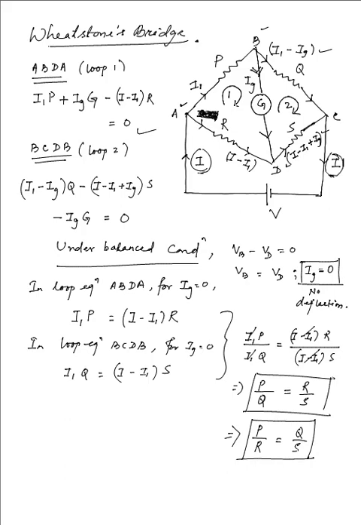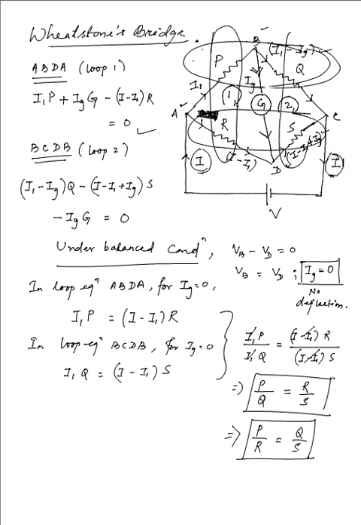So that means you can take the ratio either horizontally, that I am just encircling right now in the figure, like this by this, or the vertical ratios, that is P by R has to be equal to Q by S. So it's either the horizontal ratio or the vertical ratio, whatever it is, the ratios have to be equal so as to obtain a balanced condition, which means there will be no current flowing through that bridging galvanometer that is placed in the circuit.